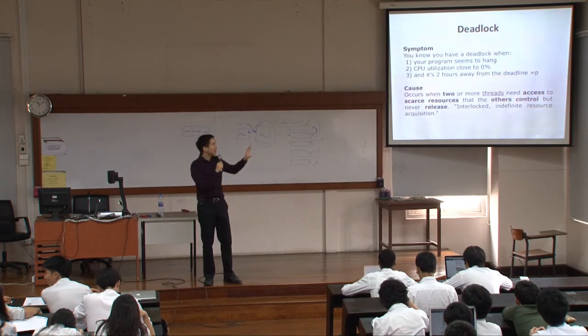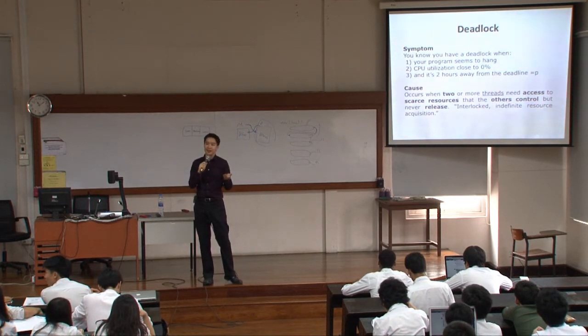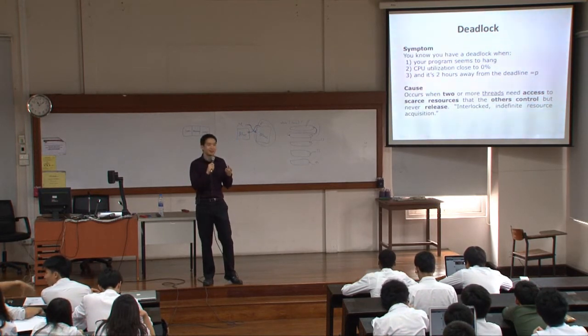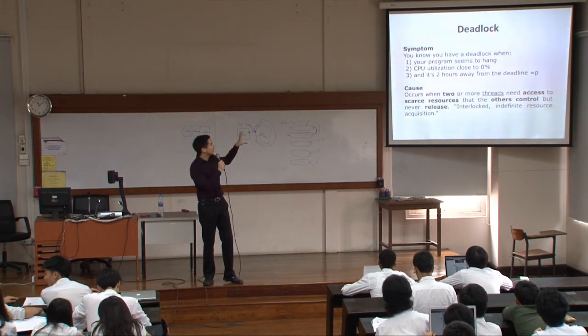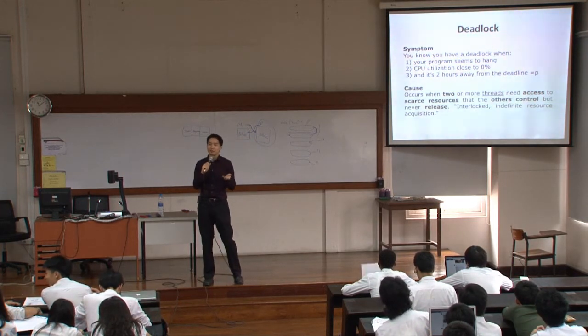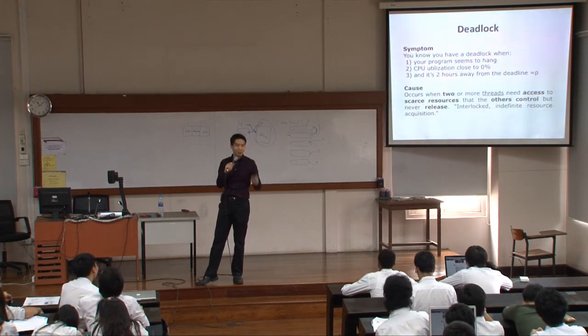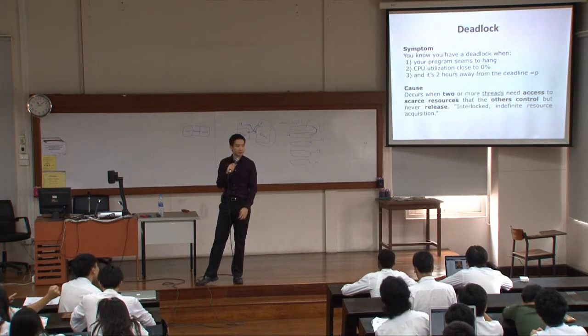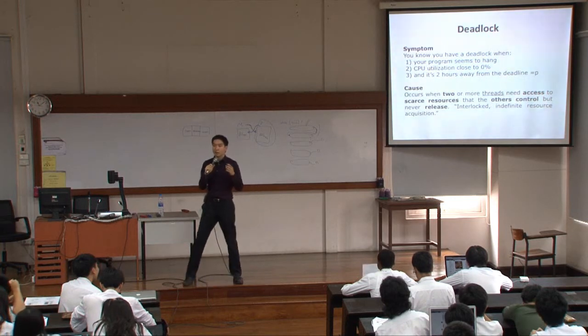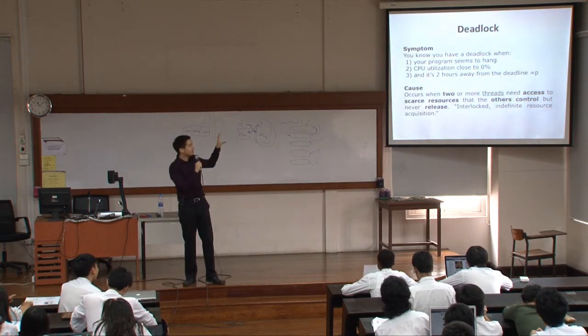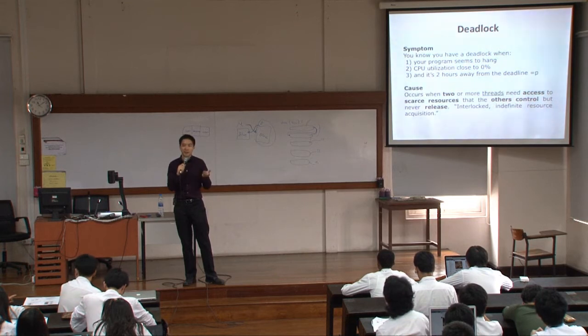The reason why I don't like to formally define what a deadlock is, and I'd rather describe the symptoms, is because that's normally how you really get to learn what a deadlock is, or what was the other problem that we saw earlier? Race condition. I want to define for you guys what a deadlock is like.